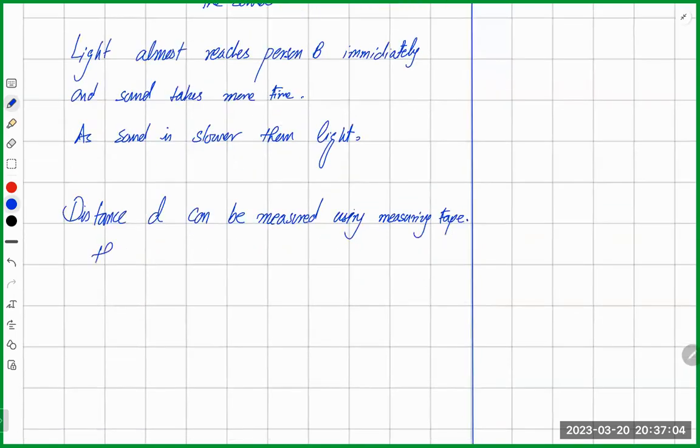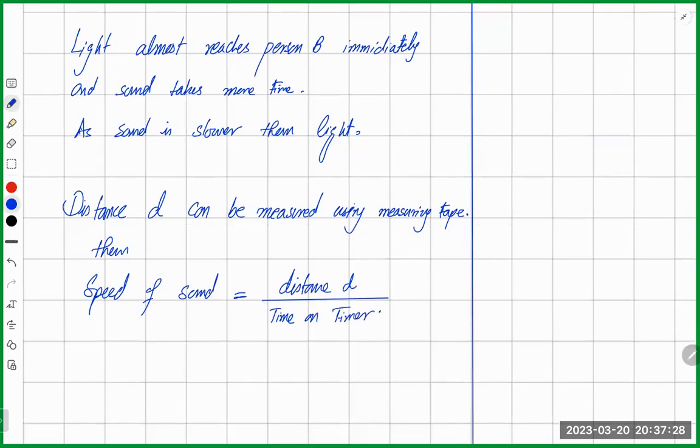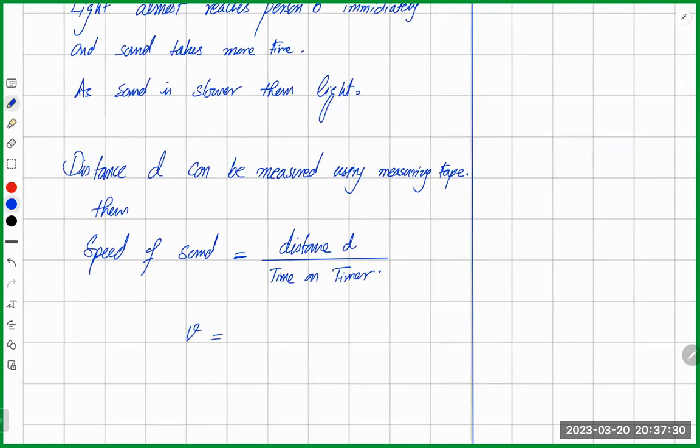Then speed of sound will be distance D divided by time on timer. So speed of sound will be distance over D.